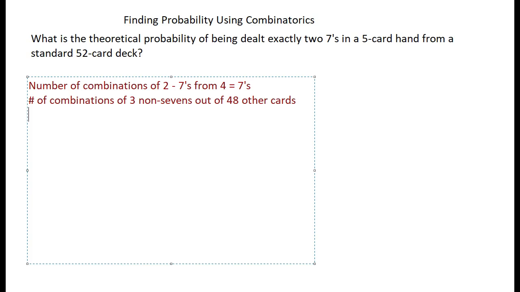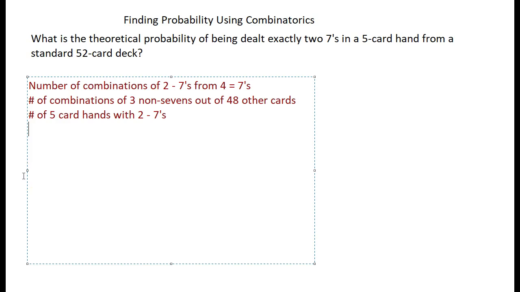Now, the third thing we would have to find is the number of 5 card hands with 2 7s. And then we would need to find the number of possible 5 card hands.